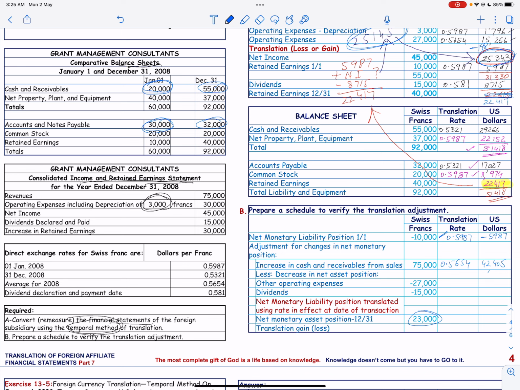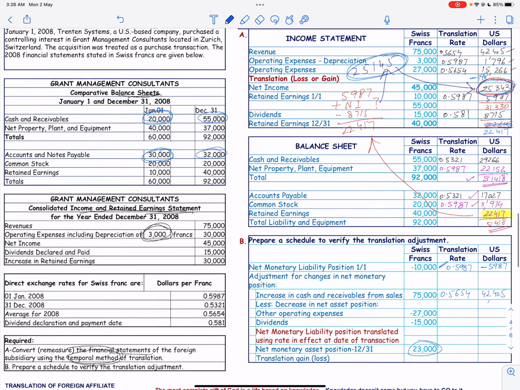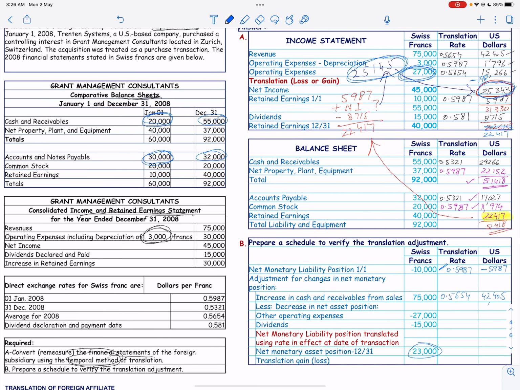Next, translate the decrease in net asset position, and there will be a decrease because of two reasons. First, we have other operating expenses of 27,000. We will not include depreciation as it is not a monetary expense. It does not affect cash. And the second will be the dividend. So for the other operating expenses, 27,000 times the average rate of 0.5654 is equal to 15,266.